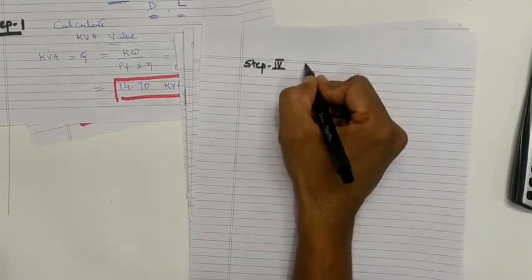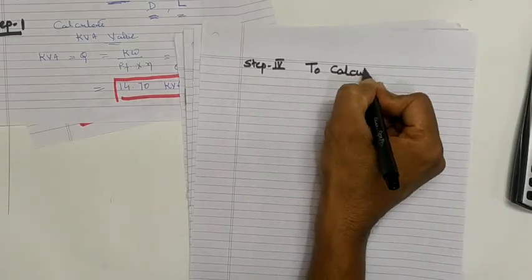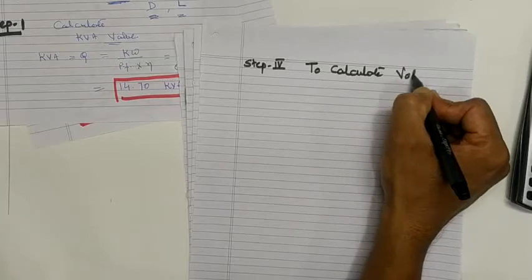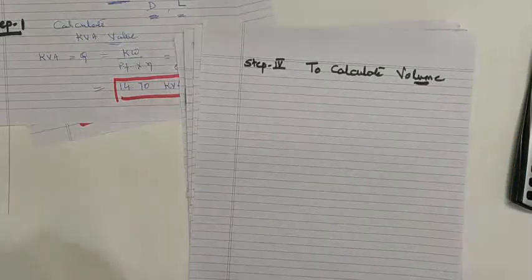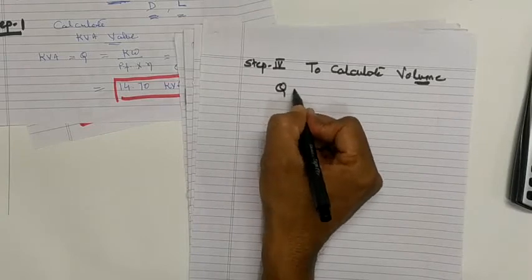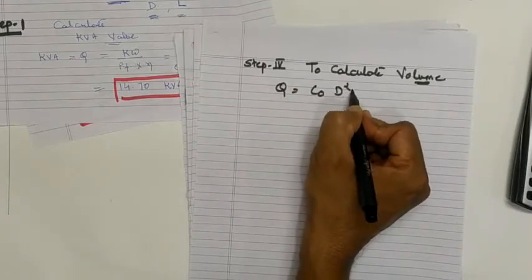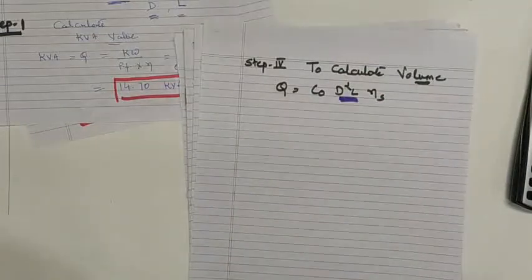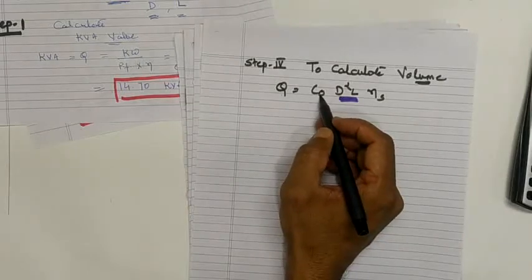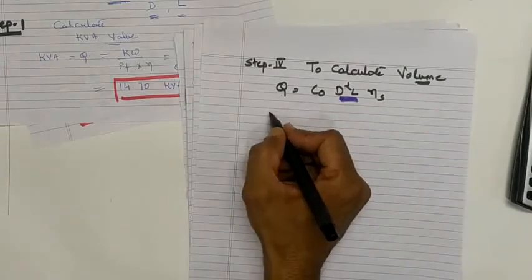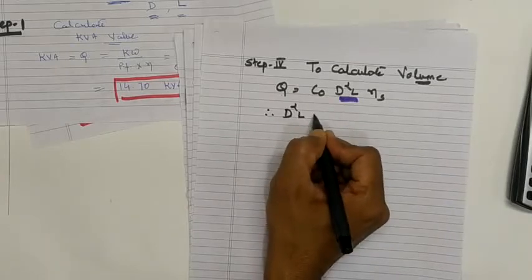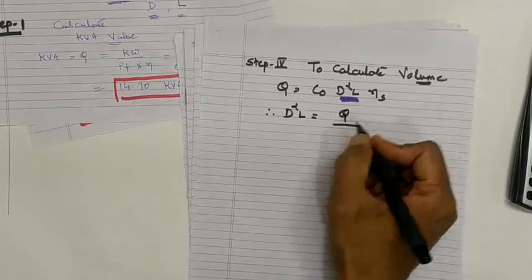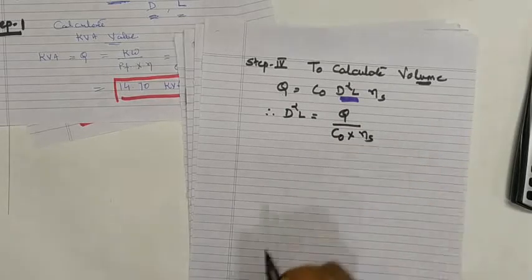So volume, we know our output equation, that is Q equals CO d square L NS. In this equation d square L is our volume. All other quantities we have: Q, the output coefficient, and the revolutions per second. Therefore d square L is equal to Q divided by CO multiplied by NS.